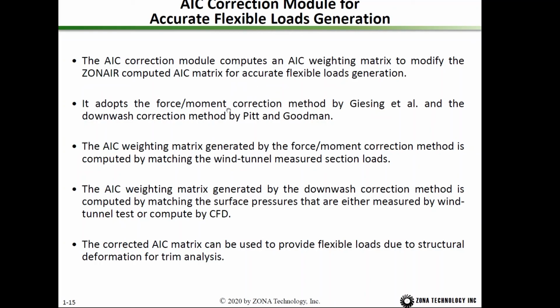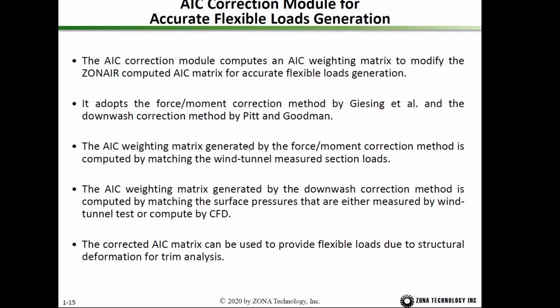It has 2 AIC correction methods. The first one is called the force and moment correction method by Gießen, and another one is called the downwash correction method by Pitt and Grumman.